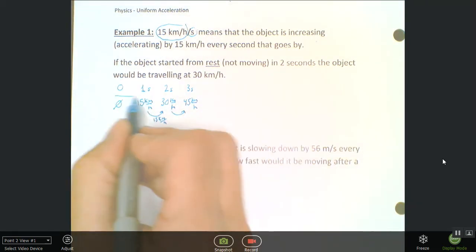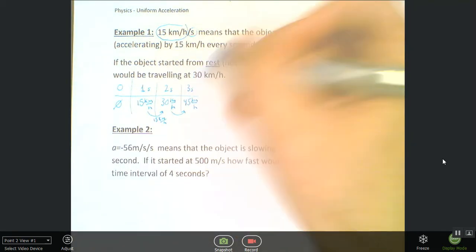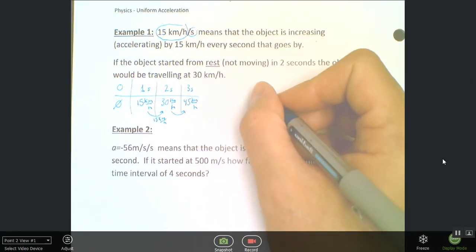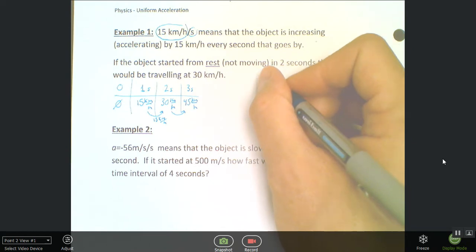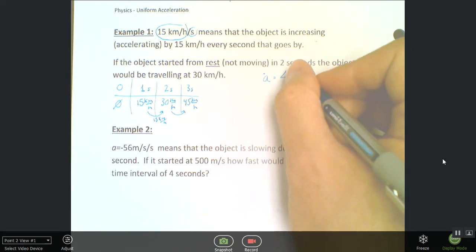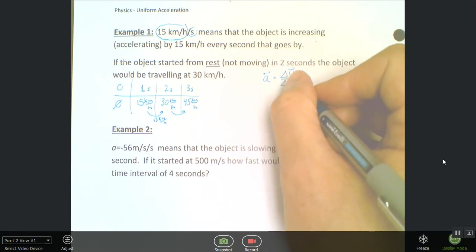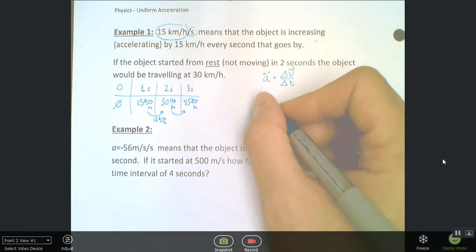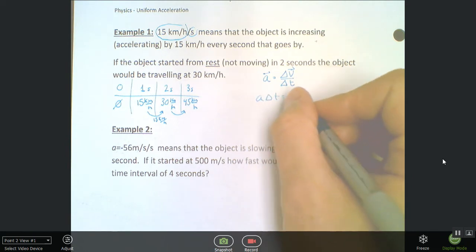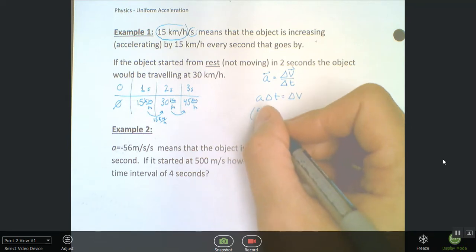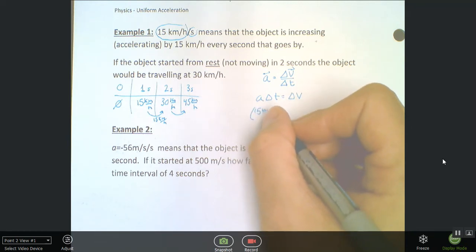And it's going to be increasing each time by 15 kilometers per hour because it's doing that every second that goes by. Another way of looking at this is to rearrange the formula on the front, and I'm going to leave the vector signs out at this point. If you simply multiply, it becomes a delta t is delta v, and the acceleration was 15 kilometers per hour.